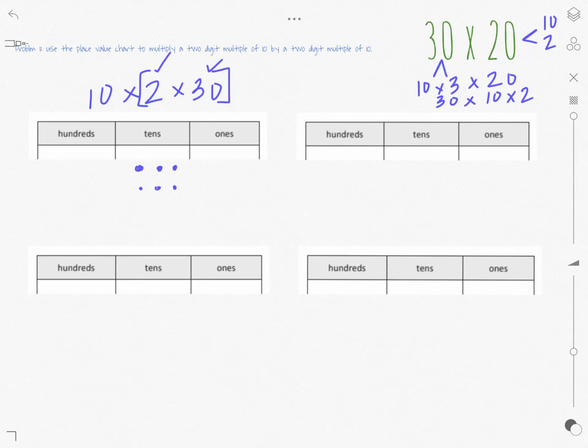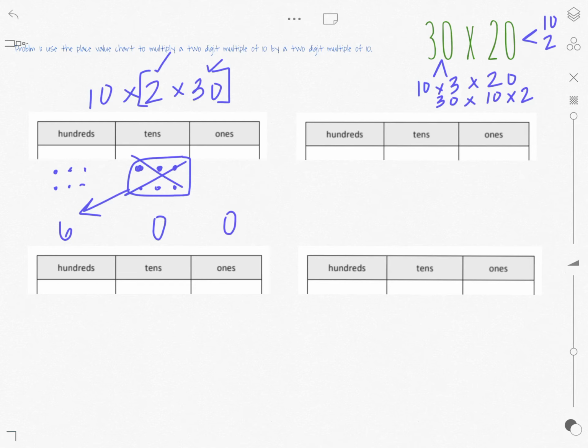Well, it has 1. I know that if I'm multiplying something by 10, I'm going to be moving it over 1 place value, which means I'm going to end up with that 6 over here in the hundreds place, and nothing here in the tens. So I've got 6, 0, and then I had nothing in the ones to start with, so I'll still have a 0 there. So what I'm showing right now is that 20 times 30 is 600.